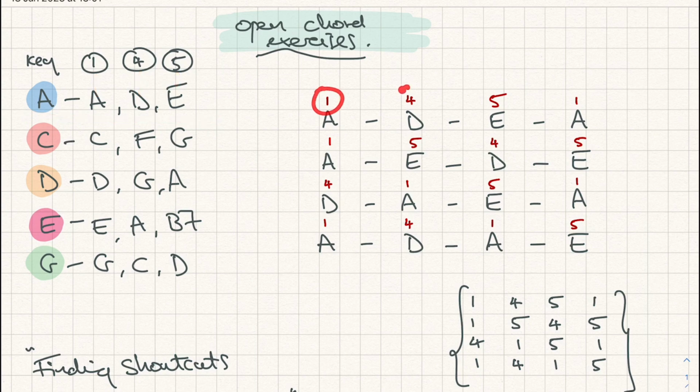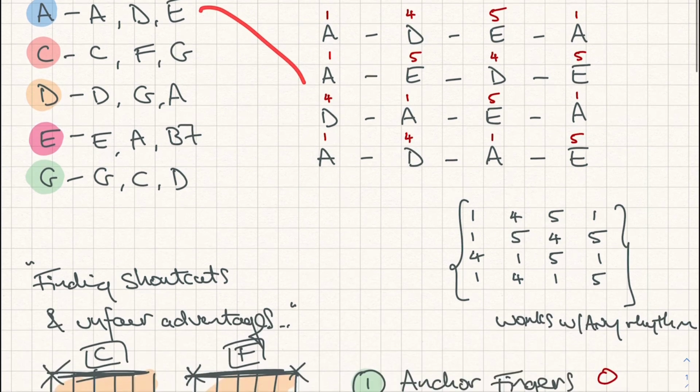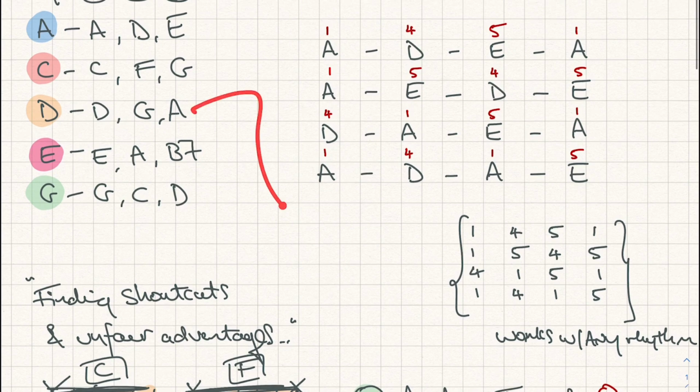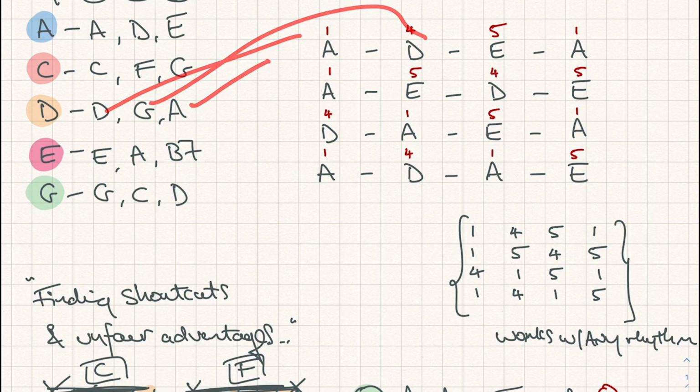Then I wrote out these sequences, 1, 4, 5, 1, etc., in the key of A, so you want to base it off. But if you want to do the key of D, you can just drop in the numbers, paint by numbers. So you'd have D, you'd have G, you would have A there, and then you go back to D, and so on.